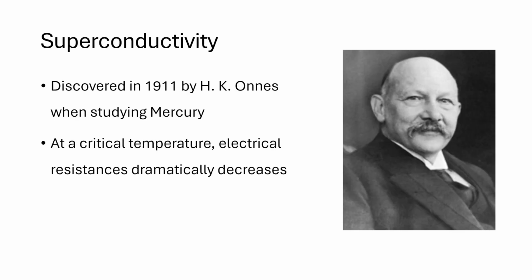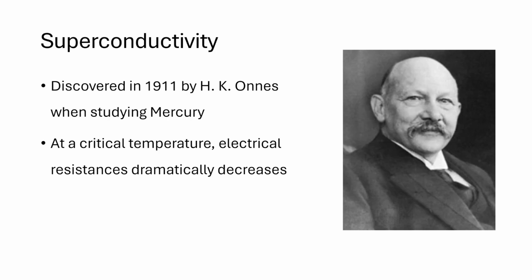So superconductivity was found in 1911 by H.K. Onnes when he was studying mercury. Superconductivity is when your electrical resistance falls to, quote unquote, zero. Technically, he didn't observe it falling to zero.